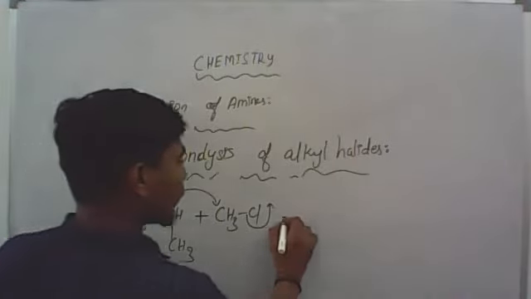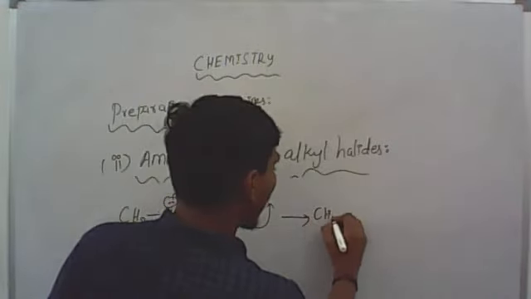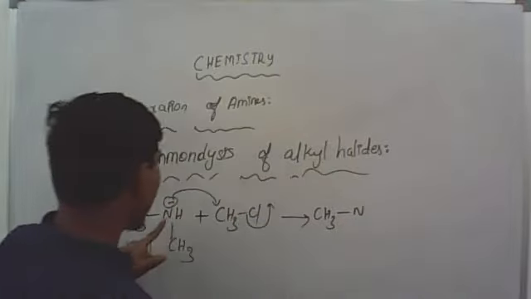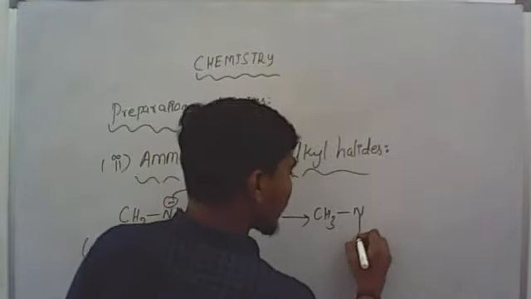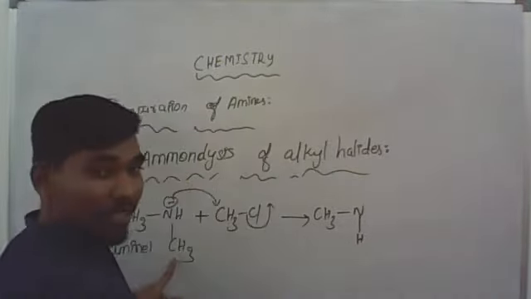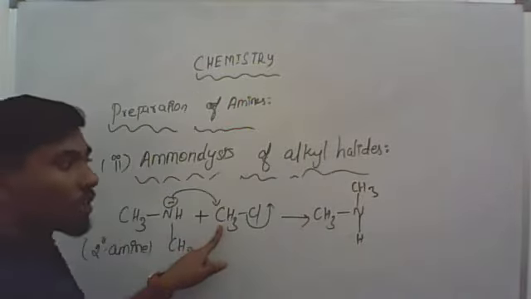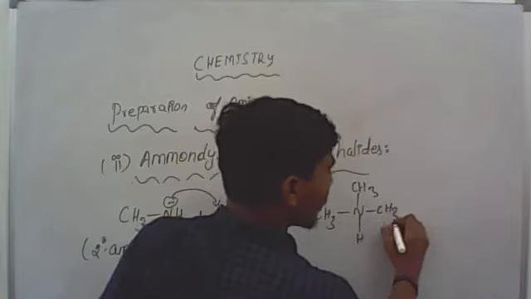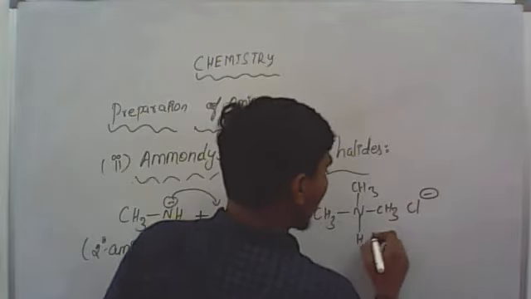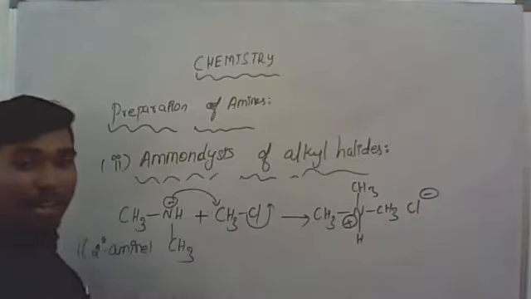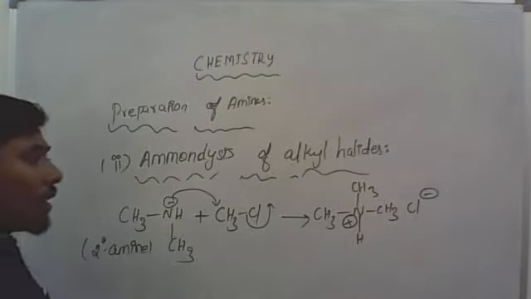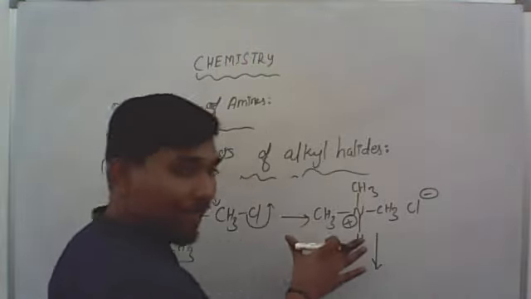What we get? CH3 N, for my convenience I am writing like this, NH. Already one CH3 is there, CH3 and a new CH3, and Cl negative and positive for N. So this is the intermediate.